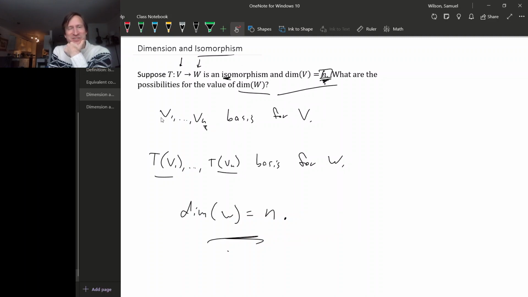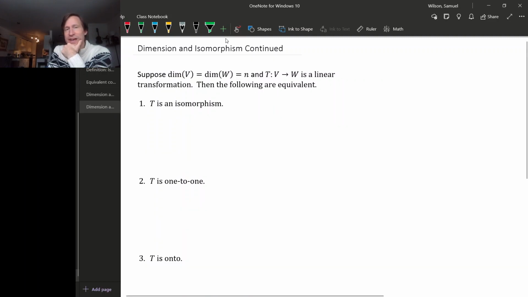So let's turn this question around. Let's suppose that we have a linear transformation from V to W, and suppose we know ahead of time that the dimensions of V and W are actually the same. Well, then it turns out that having an isomorphism is actually the same as being one-to-one and the same as being onto.